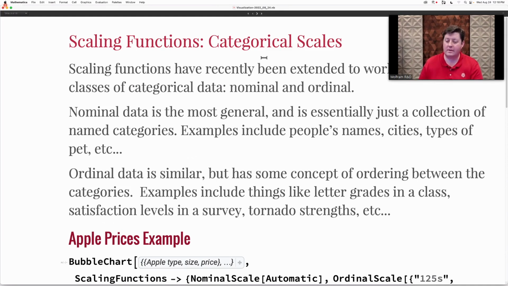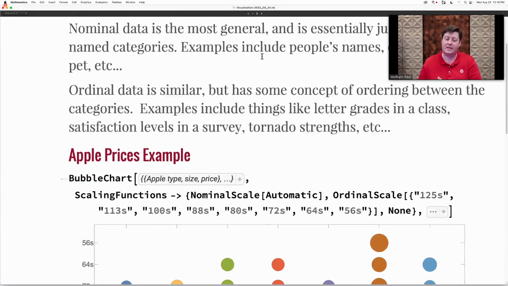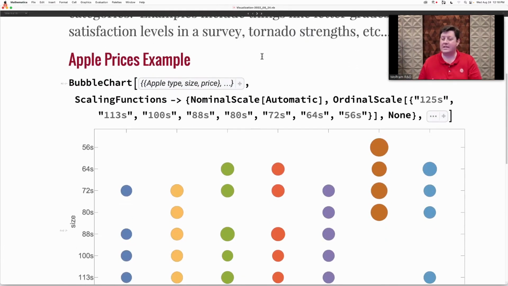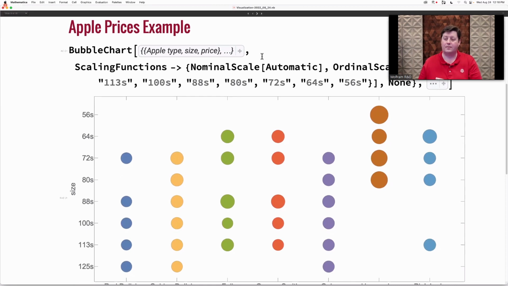And so I thought we would look at a few examples of these to give some ideas to people and encourage their use. And so the first is an example of apple prices, Apple the fruit, not the company.